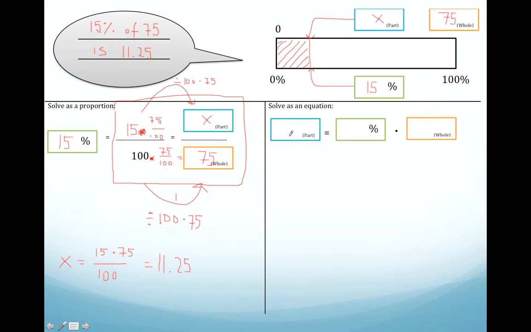So let's review. Part is a percent times whole. Just like 9 was equal to 50% times 18, we can use the same template and look for what part is 15% of 75.